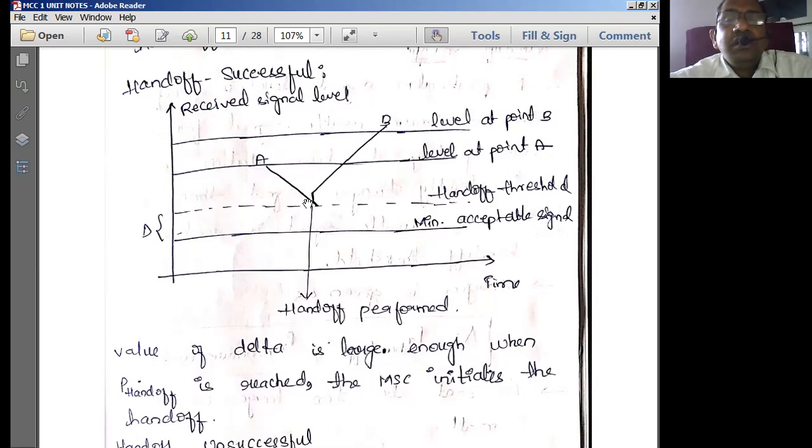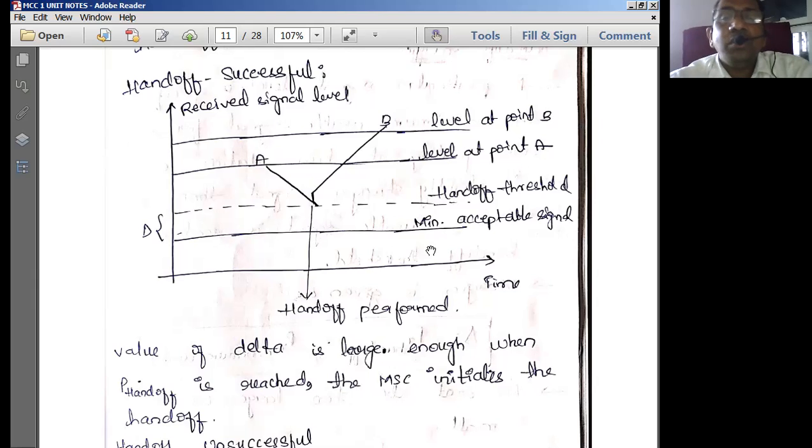Once the mobile unit enters the region of base station B, the call is immediately transferred from cell tower A to cell tower B. If it is at the level of the handoff threshold, the call transfer takes place from cell tower A to cell tower B.